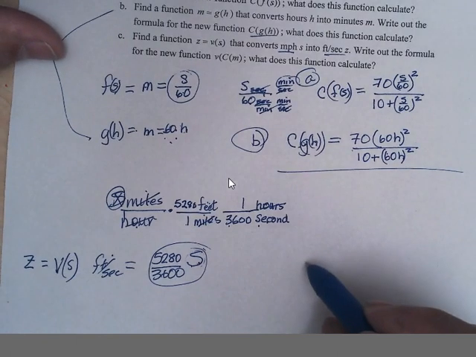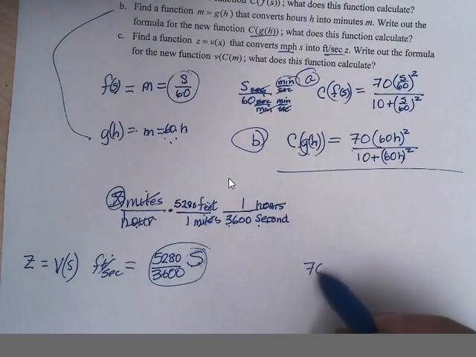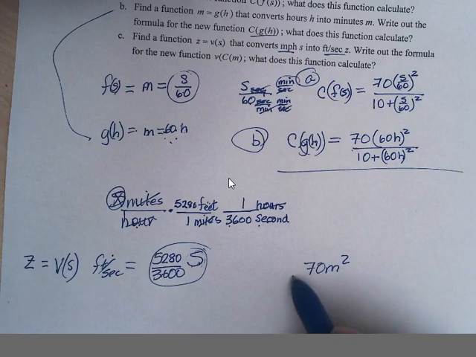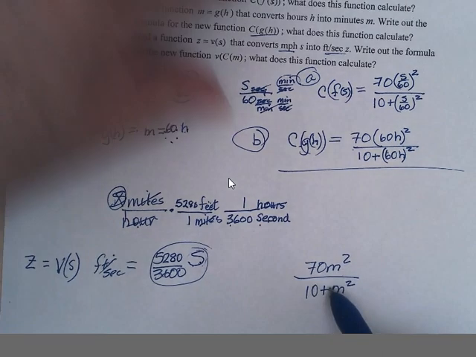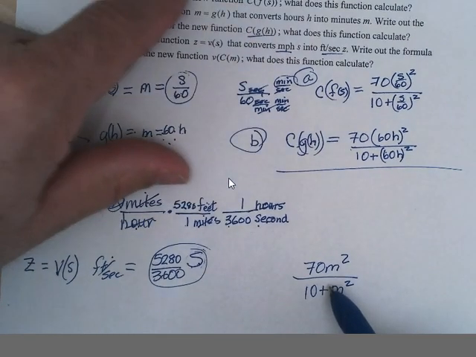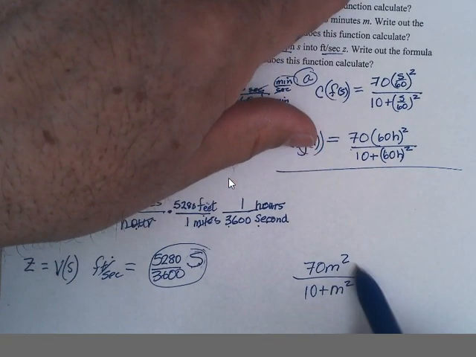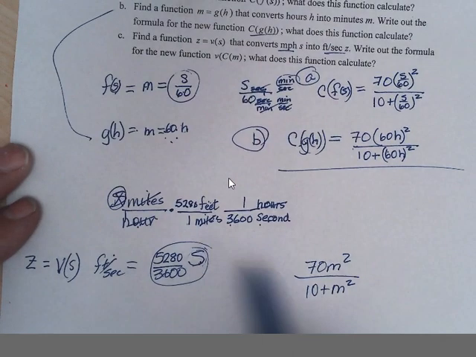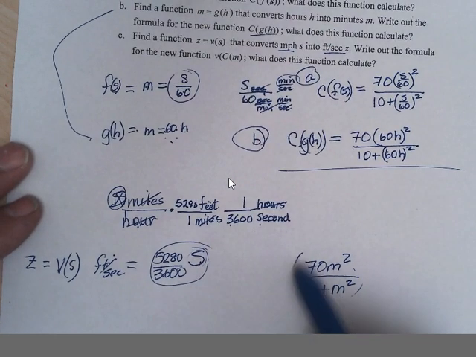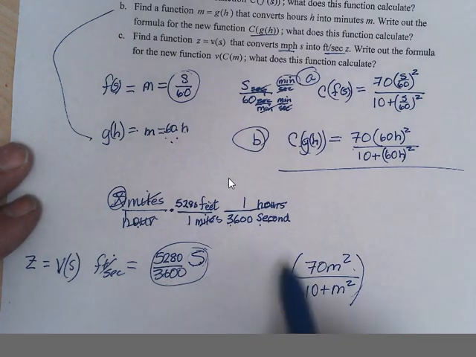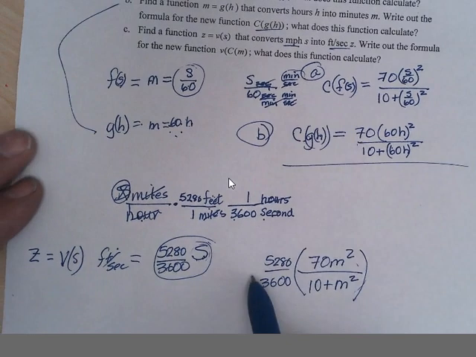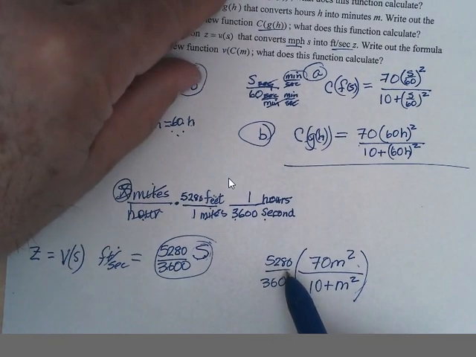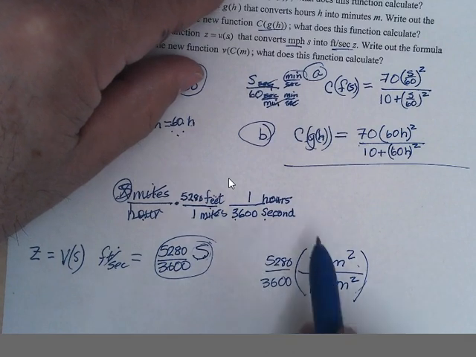Well, C of M, 70M squared over 10 plus M squared gives you a speed in miles per hour. That's what S is, so we're going to put this in place of S, so we have to take it times either this or its reduced form, 5,280 divided by 3,600, and that will convert the speed in miles per hour to feet per second.